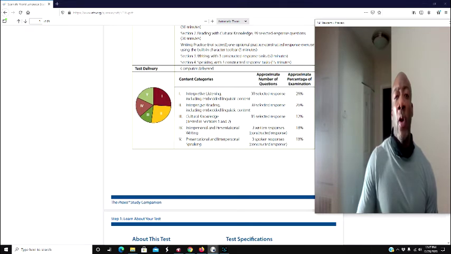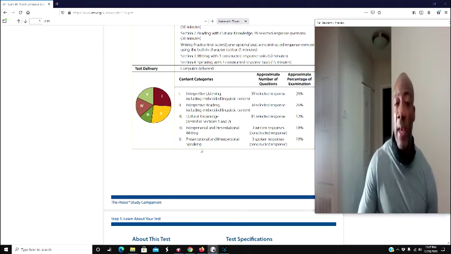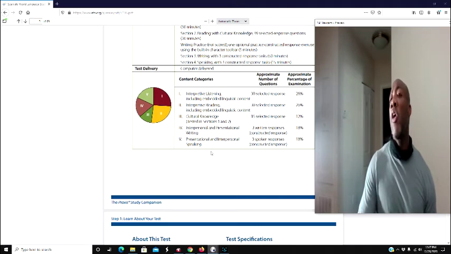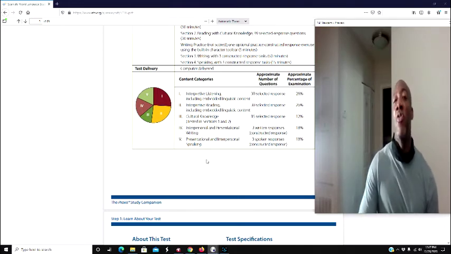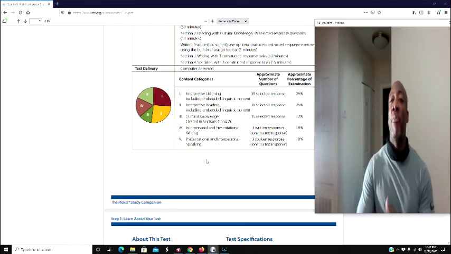Now, here it goes. Listening, cultural knowledge, interpersonal reading, as you see here, interpersonal presentational writing, and presentation and interpersonal speaking. You're going to have to speak on a variety of topics, especially as a teacher. You have to know how to explain your duty as a teacher, what will make a very effective teacher in speaking. So you have to be able to explain that process to them.